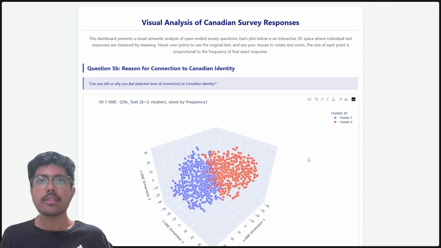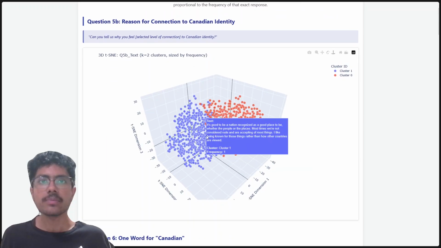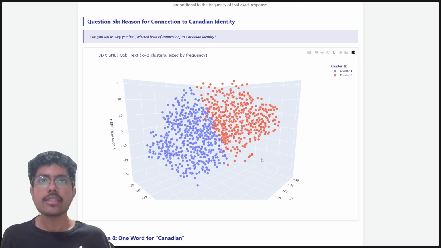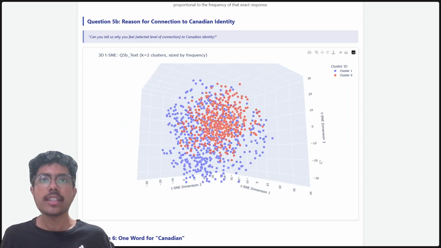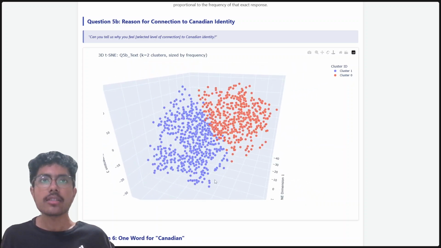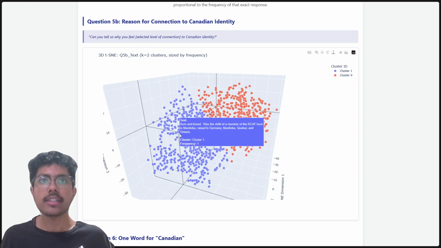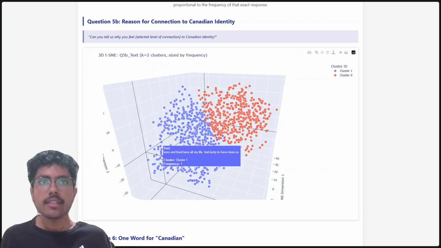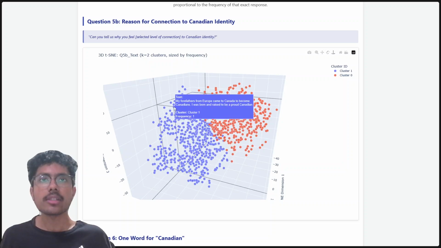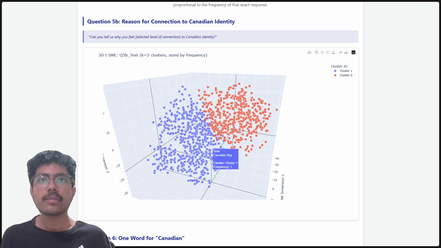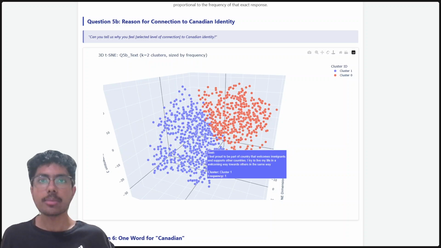So, for example, for this question, the code generated two different clusters. That was the optimal configuration, apparently. And what you can see is how some people may have talked about how they've been born in Canada. Some people may have been talking about their history and how they're proud.